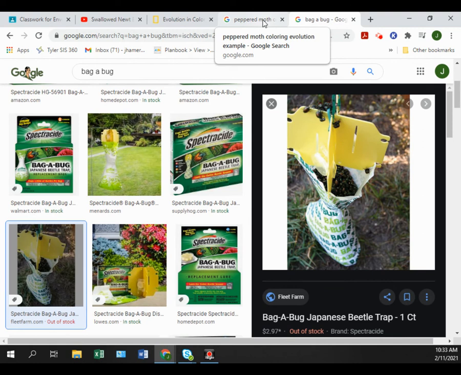How do you dispose of one of those things? It's kind of gross. How do you get rid of that? Well, sometimes if they're still alive and you don't want them getting out, one of the suggested ways is you fold over the top so they're in there, and then you lay it out on the yard, or it works really well on asphalt, and you let the sun cook them to death.